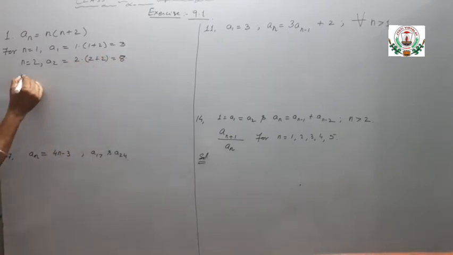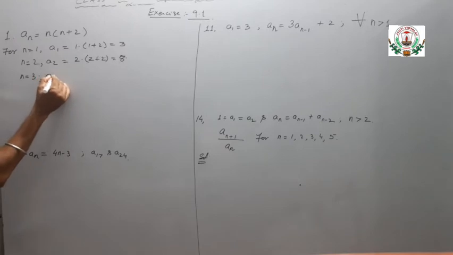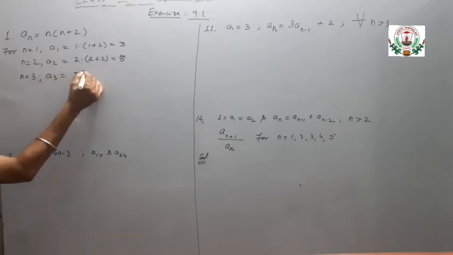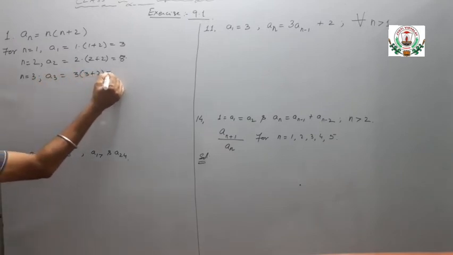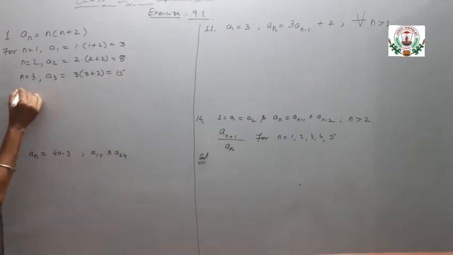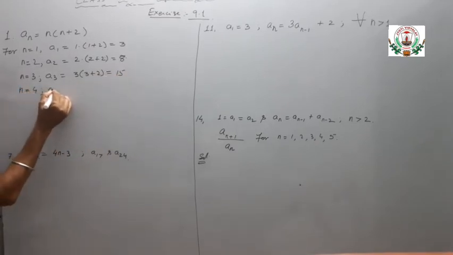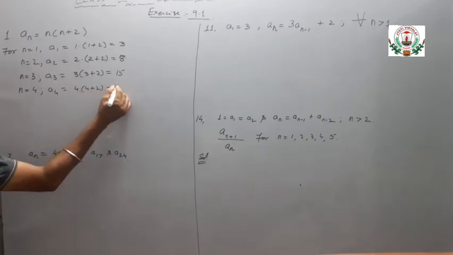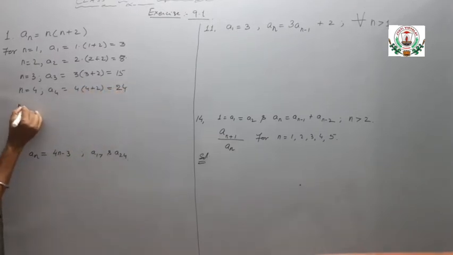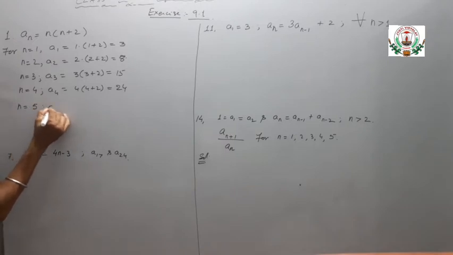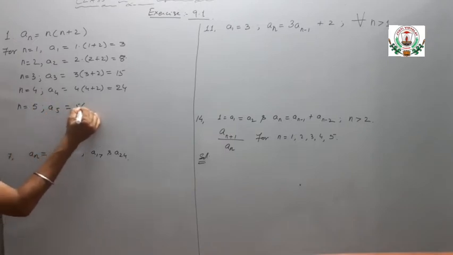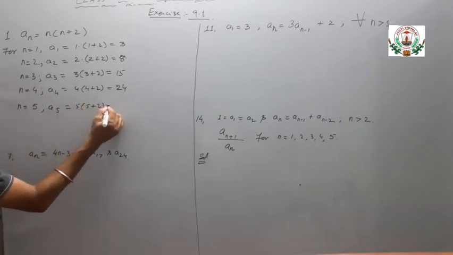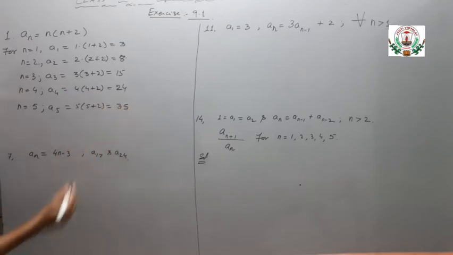Next, n equals to 3. A3, 3 into 3 plus 2, 5 into 3, 15. n equals to 4. A4, 4 into 4 plus 2, 24. Then n equals to 5. A5, 5 into 5 plus 2, 7 into 5, 35.